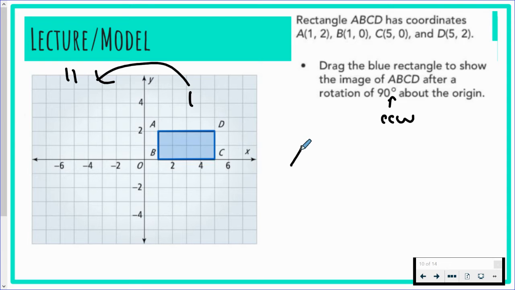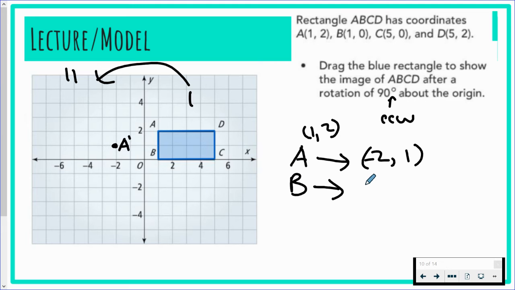My first point, A, which is 1, 2, I'm going to rotate my numbers to say 2, 1. And then in quadrant 2, the x is negative and the y is positive. So my new point would be negative 2, 1. So this is A prime. Now point B, 1, 0, becomes 0, 1.